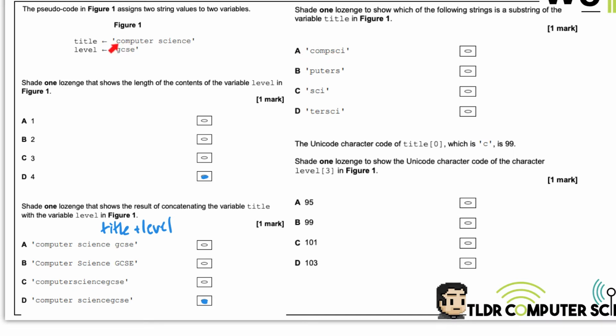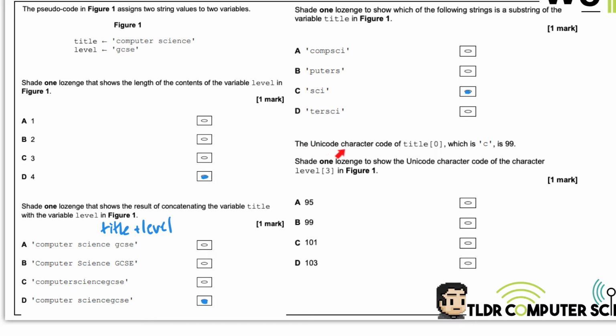Now, comp appears here and ski appears here, but they're separated by uter and a space, so it doesn't work. Pewters, well, you got pewter, but then there's a space and an S, so that doesn't work. Ski, so there you go, SCI, that definitely is a substring. And then terra ski, again, there's a space, so it's this one here, it's ski. So a substring is a continuous list of characters inside it.